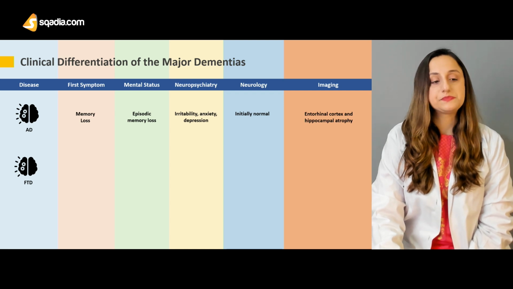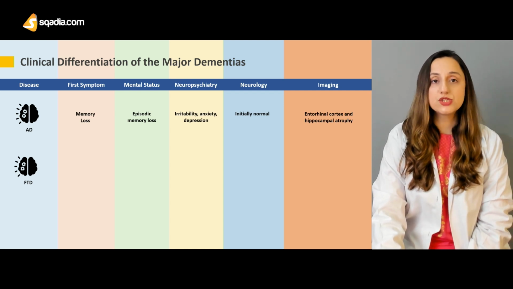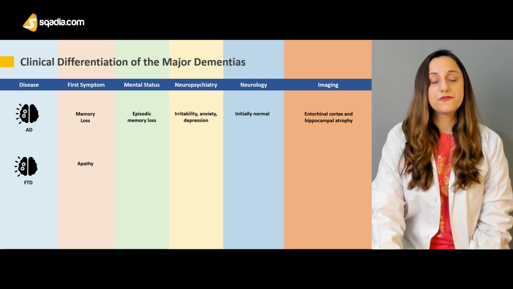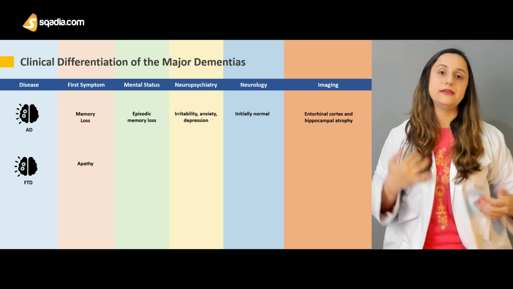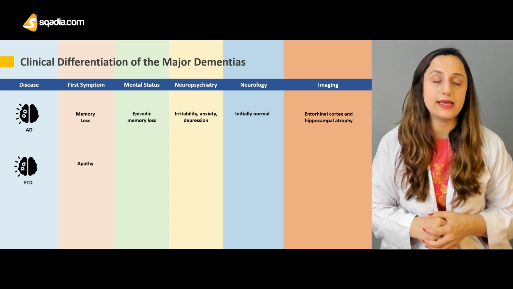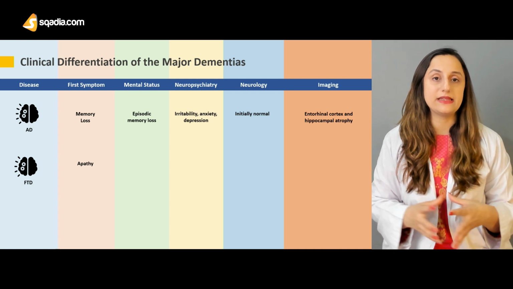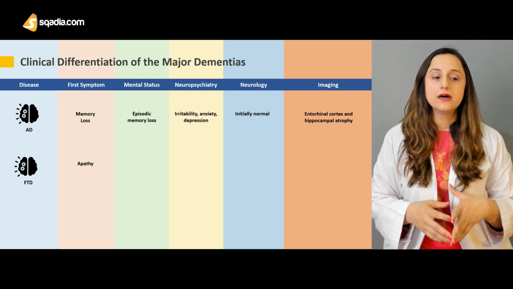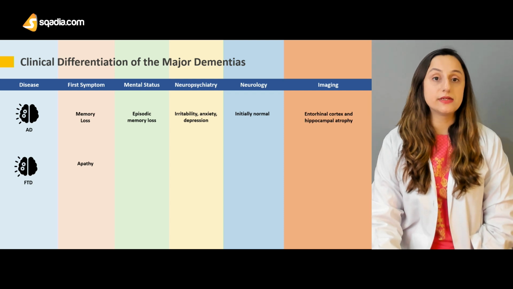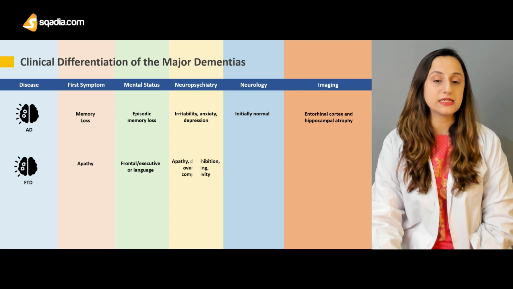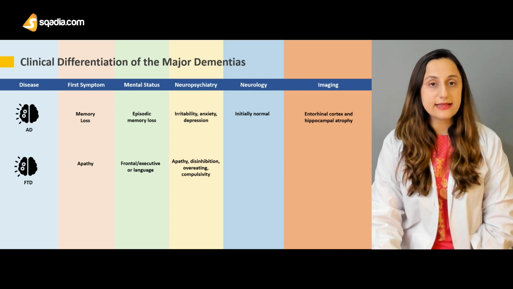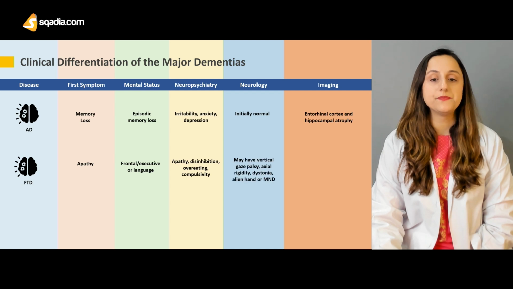In contrast, when we have frontotemporal dementia, that means basically the frontal lobe and the temporal lobes are affected, and it is going to affect the overall personality, and the memory loss is quite significant in these cases. Usually the first symptom over here is apathy. Frontal executive and language functions are affected. The patient exhibits disinhibition, overreacting, and compulsivity.